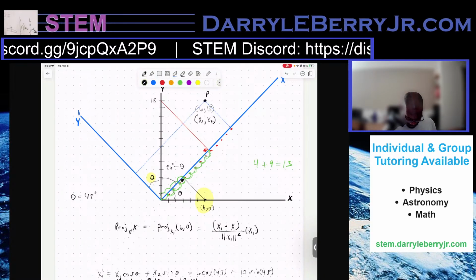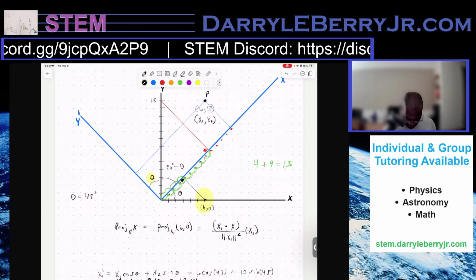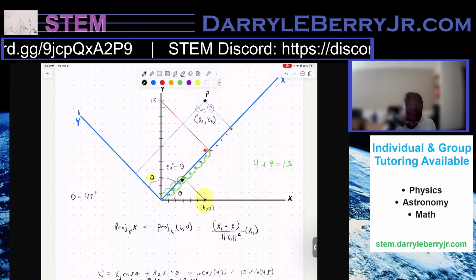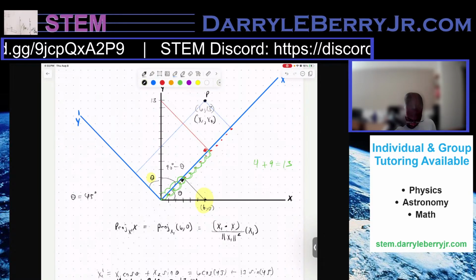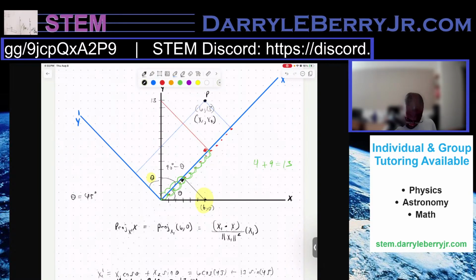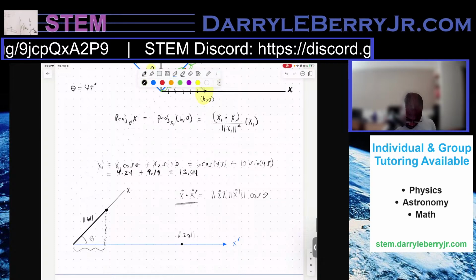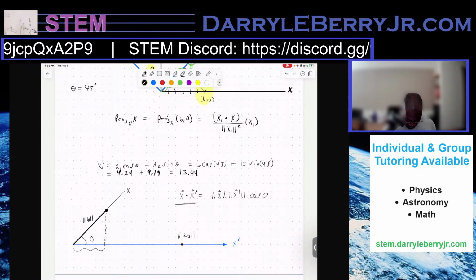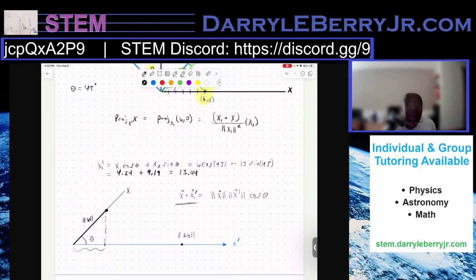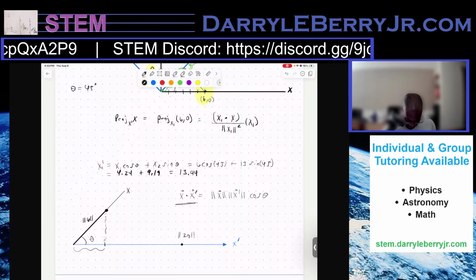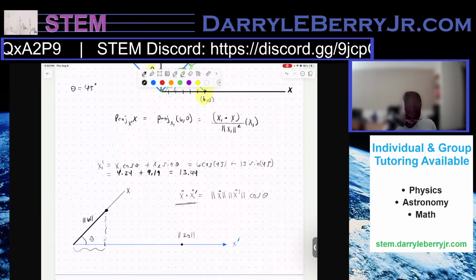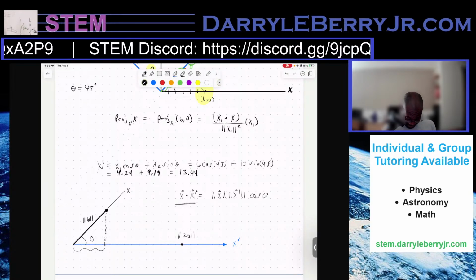So cosine of 20, sine of 20, cosine 90 minus 20. The sine of 20 is the same as cosine of 90 minus 20.